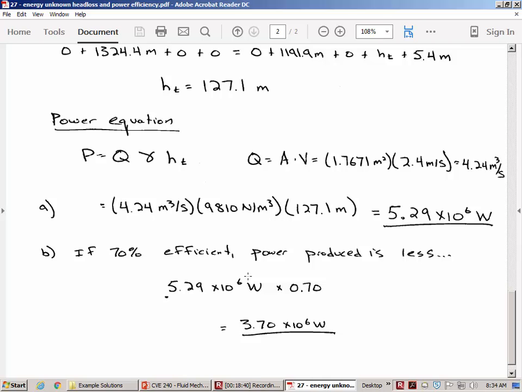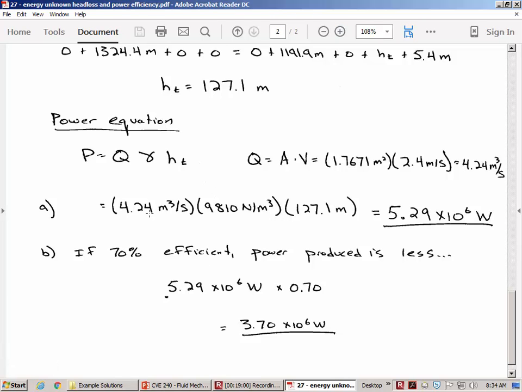All right. If we have a cross-sectional area that's determined by the diameter of the pipe and the velocity through the penstock that's given, then each of you, as I was circulating around, I noticed calculated the flow rate, 4.24 cubic meters per second. Good. So you substitute that into the power equation.